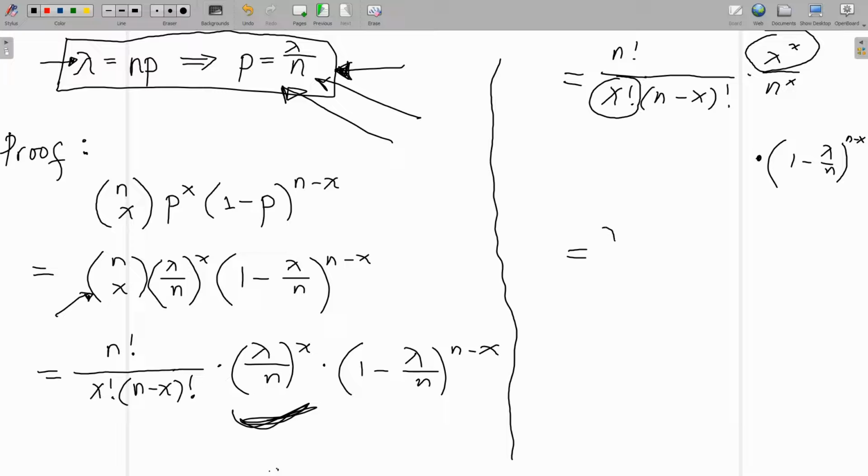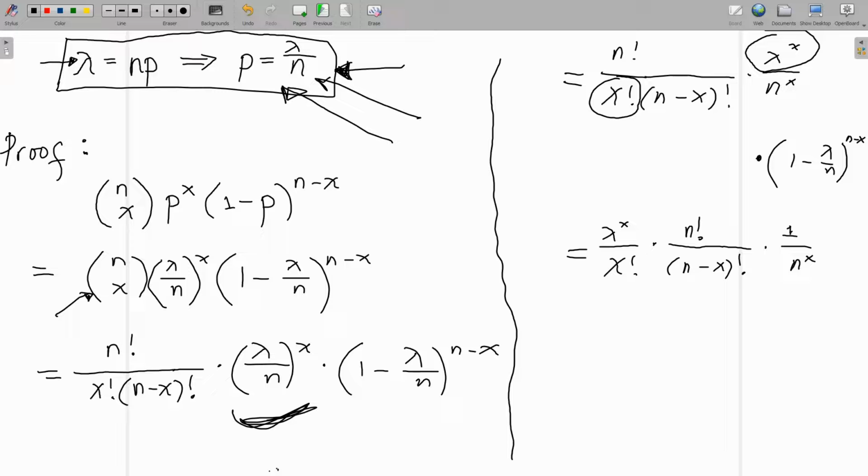So we have lambda raised to x all over x factorial, multiplied by n factorial over n minus x factorial, times 1 over n raised to x.